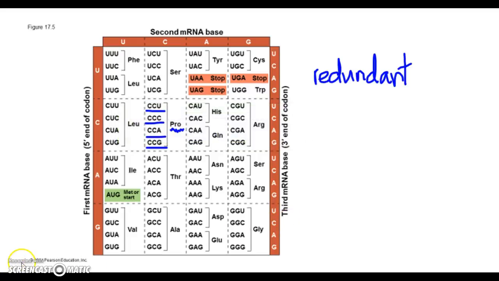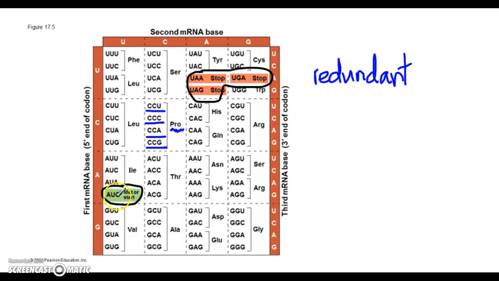You can also see here, it took a little while to figure this part out, that we have 3 codons that don't actually code for an amino acid. They're basically stop signs at the end of the gene that signify that the protein has been completed. We'll see these 3 stop codons towards the end of the lecture. And then we also have one AUG at the start of the gene.